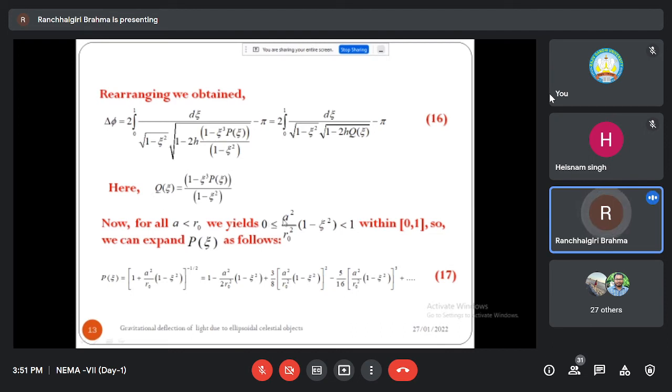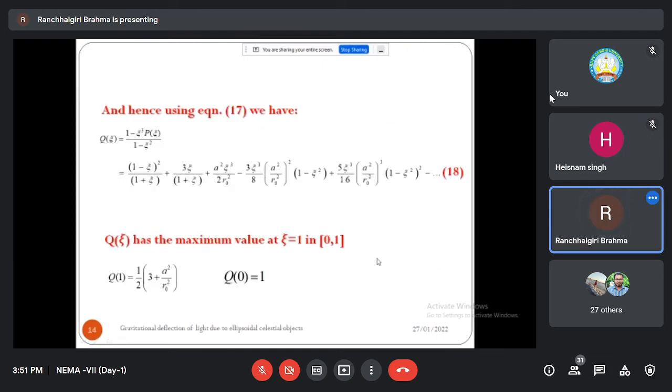We yield psi greater than or equal to 0 and less than or equal to 1. Then we expand this in a series given by equation 17. Using equation 17 in q of psi, which is equal to 1 by psi cubed p of psi and 1 minus psi squared, we get the series denoted by equation 18.